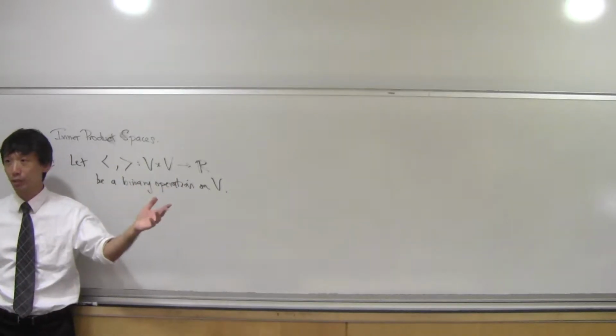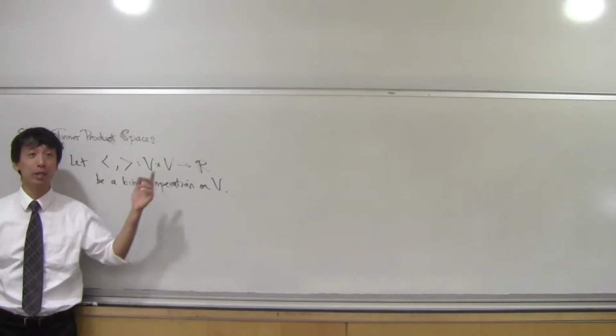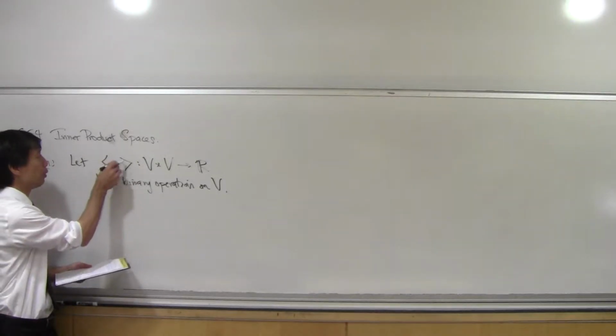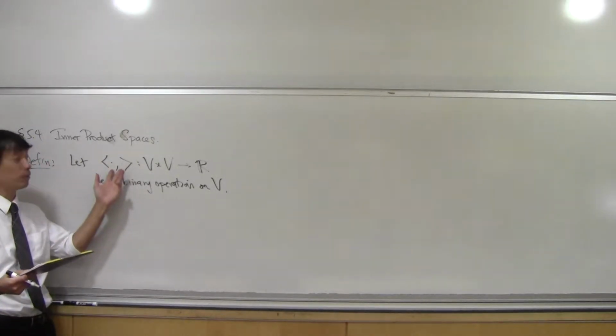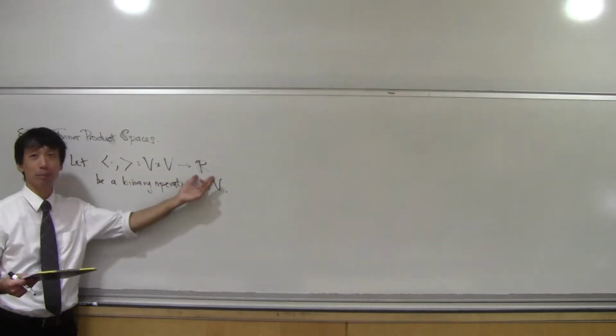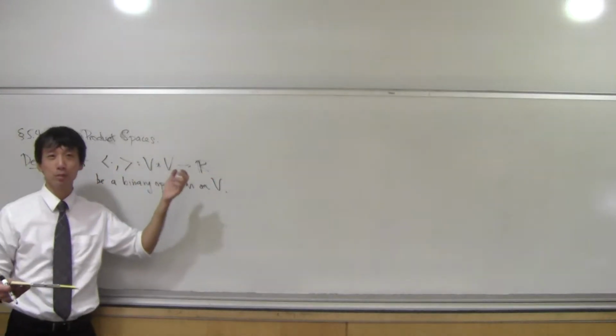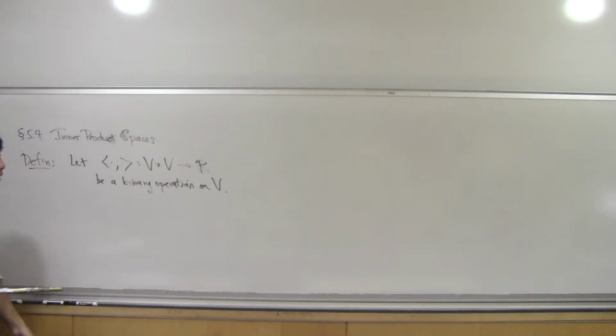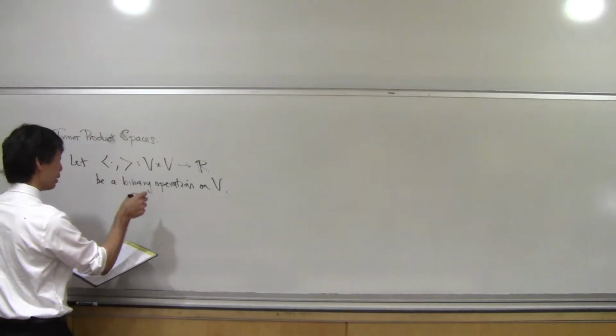The dot product, you take two vectors, you dot them together, and you get a number. So that's what this notation means. This thing has two holes in it. You fill the two holes with vectors, and out pops a number. It seems sort of like a function, but it has two input slots rather than the normal way.